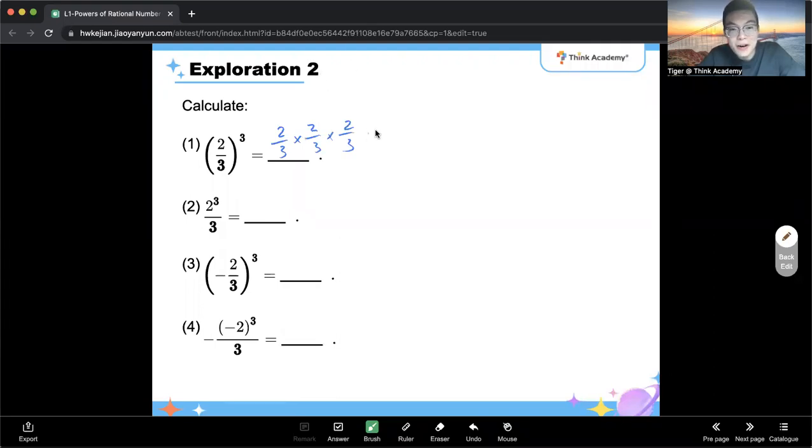Which means that I have 2 times 2 times 2 over 3 times 3 times 3. Because for multiplication of fractions, I know I can multiply all the numerators together and all the denominators together, right? And yes, 3 of the 2's multiplying together is going to give us an 8. 3 of the 3's is going to give us 27. Well done. So what about the second one?